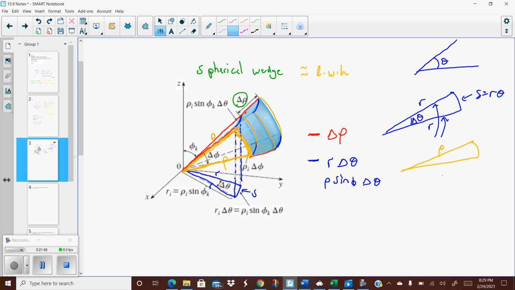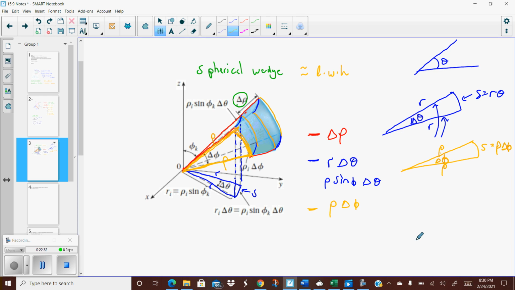This was rho, and this over here was S. But again, the arc is going to be the length of the radius, in this case rho, times the change of the angle. And this angle in here was a phi, so that's a delta phi. So the orange part is going to be rho delta phi, and those are perfectly fine to leave because those are already in terms of spherical.